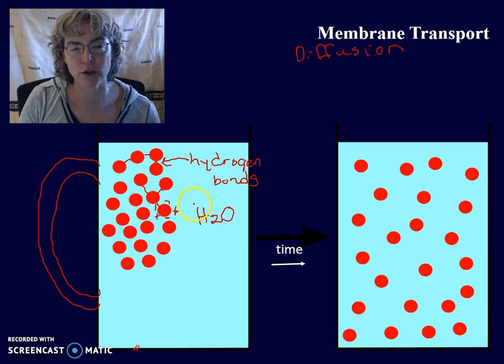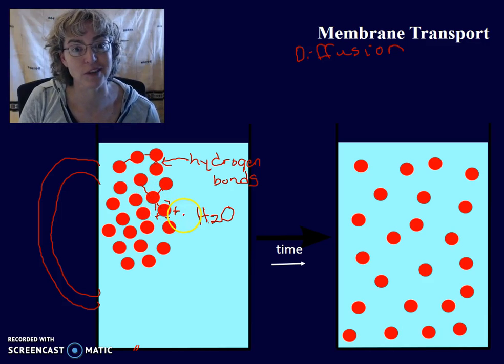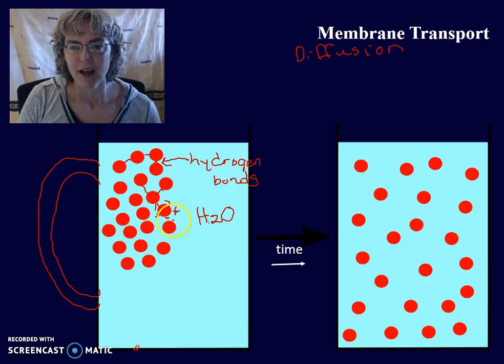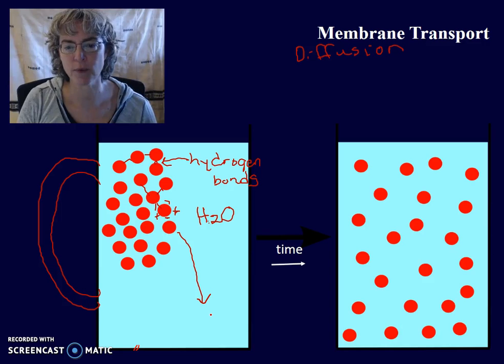Because there are so many water molecules, the hydrogen bonds of the water are stronger than the hydrogen bonds between the sucrose molecules, so it dissolves. Okay, we got that. So now that our sugar's dissolved, it diffuses. It mixes into the rest of our tea.